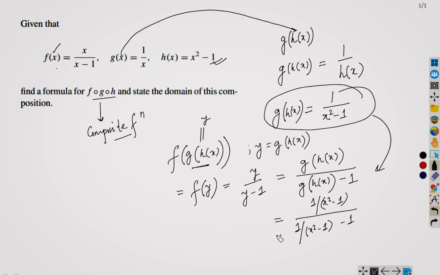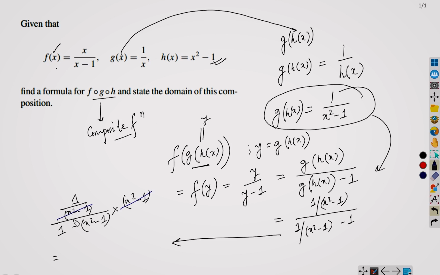Now if we simplify this, since we do not have enough space here, let's write it down here. We obtain 1 by x square minus 1, then here 1 minus 1 by x square minus 1, and this x square minus 1 will go in the numerator, and this x square minus 1 and this x square minus 1 will get cancelled out.